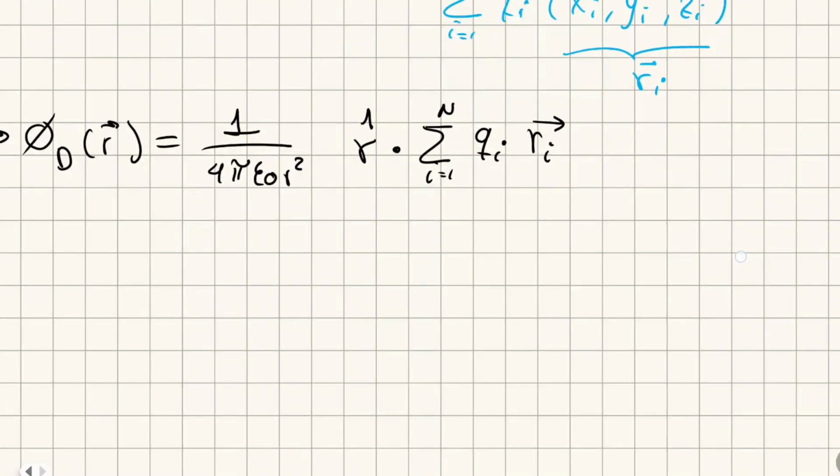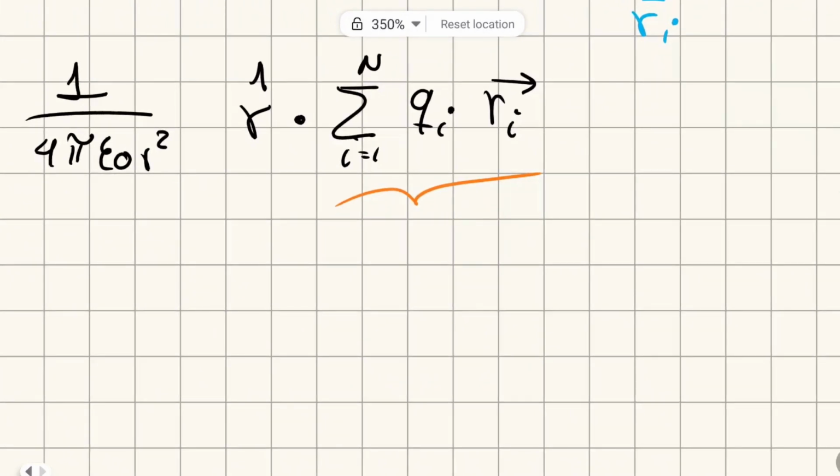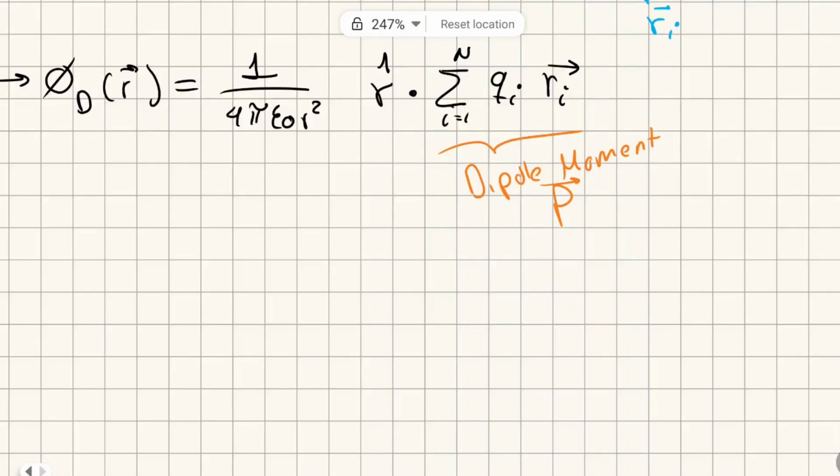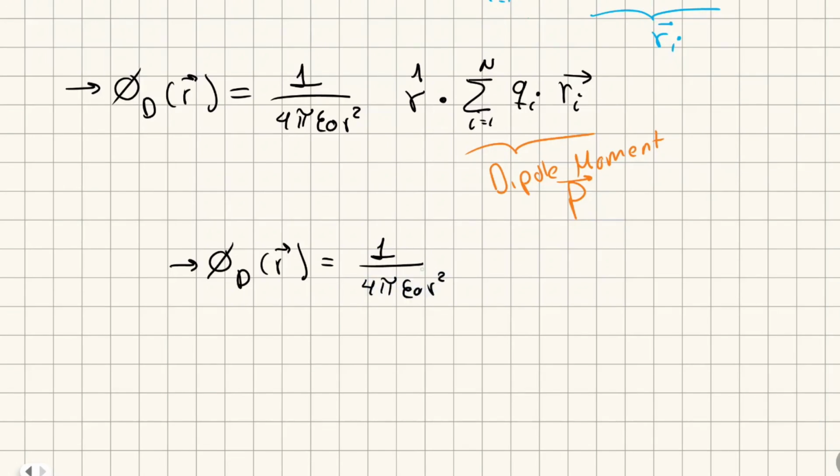So this is the interesting term in this equation, because this is what we are going to define as the dipole moment, and we are going to name it P. So the dipole term for the electric potential is defined as 1 over 4 pi epsilon 0 r squared times the unit vector r dot P, which is the dipole moment.